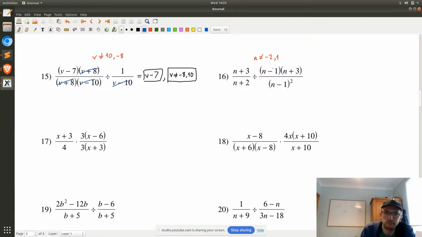But simplifying, so we scratch off, that turns into 1, and then we flip it, and so we get (n - 1) over (n + 2). There's the simplified version.